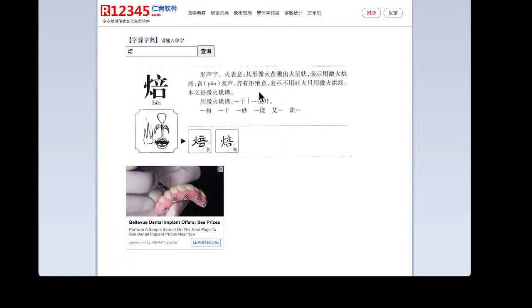Reject big fire. That's what it is. So this bake is to cook something with low heat, with constant low heat. The concept is a little bit different from the English bake, which is not necessarily low heat. But in Chinese, this character is baking by low heat. Just remember that.